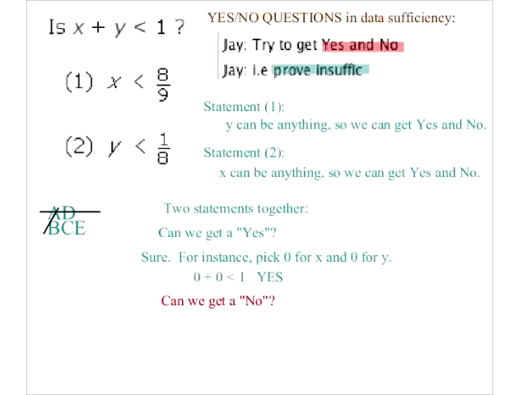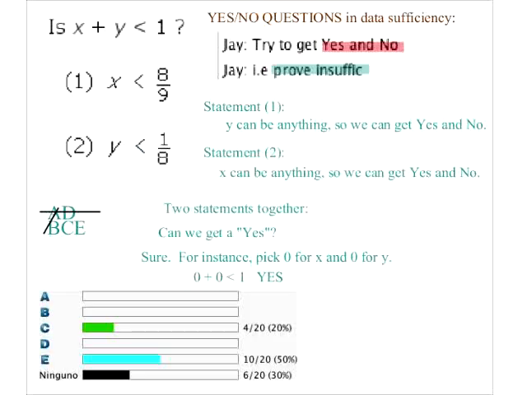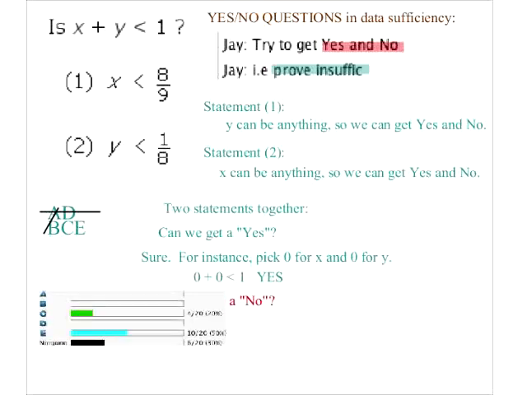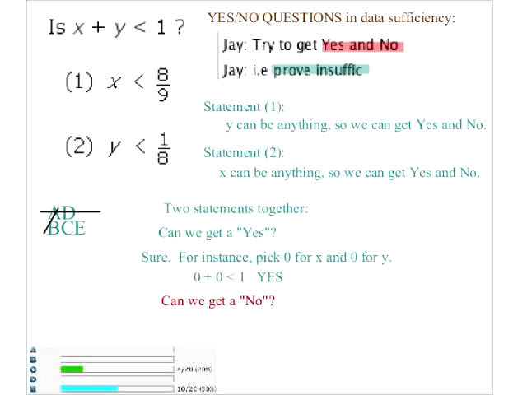With the connection trouble I'm having, it might take a while for the statistics graphic to load, but here are the stats. So we have some people who think you can get a no, and we have some people who think you can't. So in the chat box, let's discuss. Can we get a no to this question?